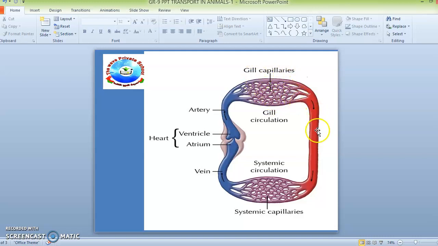From here it passes to the systemic capillaries, and again through the veins it reaches the heart. That means once in a complete circuit. This is called the single circulatory system. In a fish, the low pressure blood just carries on around the fish's body.